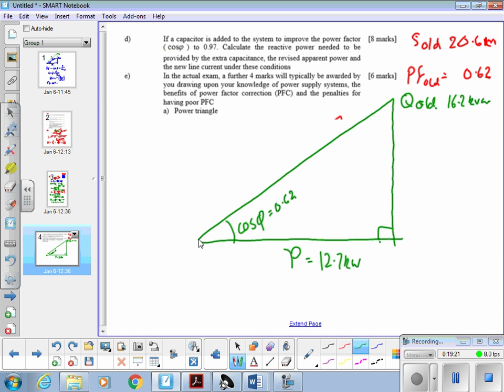And what we want to do is reduce to cos theta new is 0.97. That's where we want to go to. That level there will be a new Q.